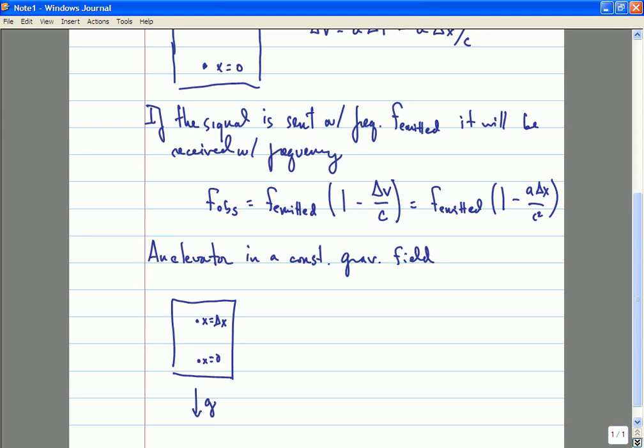So what that means is that this formula that I have written up here must also describe a redshift that occurs in the presence of gravity. So there is a similar Doppler effect in the presence of gravity.